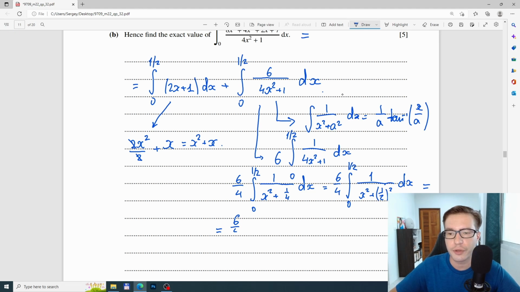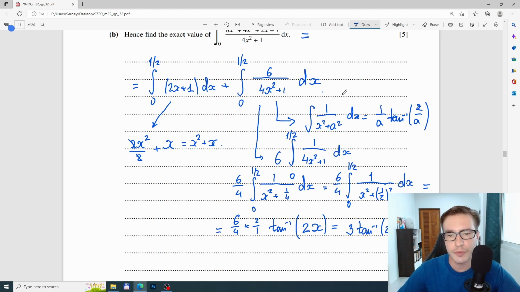So it means it's going to be 6 over 4 times 1 over a, that is 2 over 1, inverse tangent of x over a. So a is 1 over 2, and then 1 over a is going to be 2. So that means we have inverse tangent of 2x. Now let's simplify. 6 times 2 is 12, divided by 4 is 3. 3 times inverse tangent of 2x.